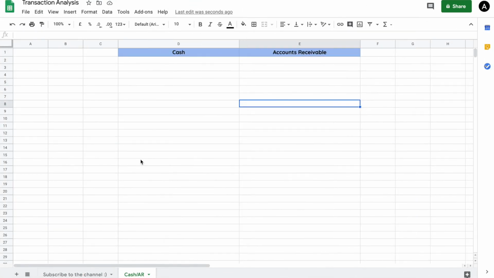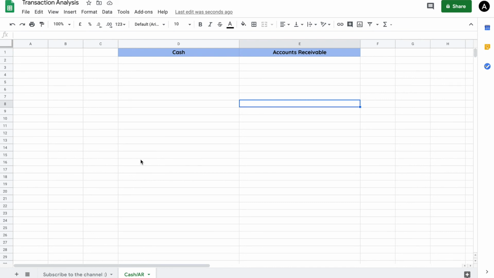So the customer comes back a week later and says, hey, I've got your money for you, and he actually pays you for the car. So at this point, do you recognize that revenue? No, because you've already recognized that revenue from a couple of days ago when he actually took the car from the dealership. You don't have to recognize that revenue again, except you had made an entry in your accounts receivable column for the amount of that car.